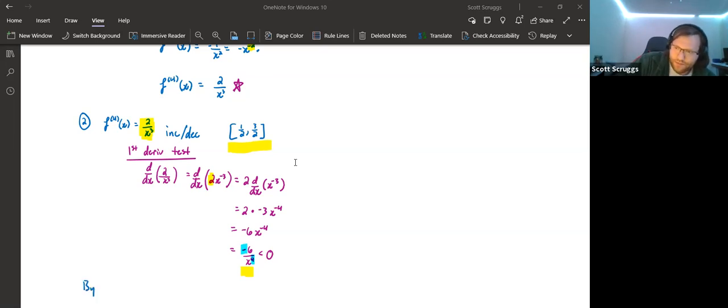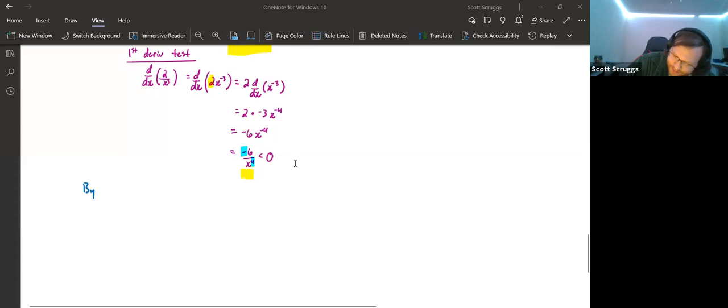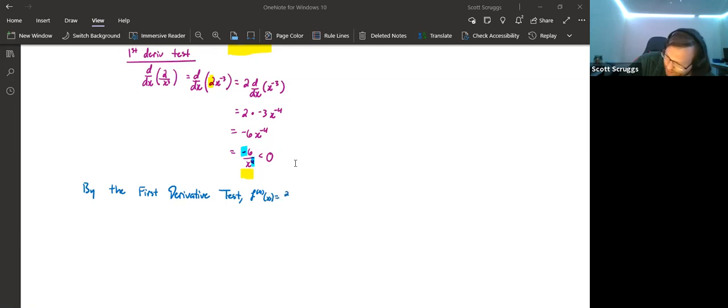By the first derivative test, our function for the fourth derivative, which was 2 over x cubed, we showed that it is decreasing on my interval 1/2, 3/2.